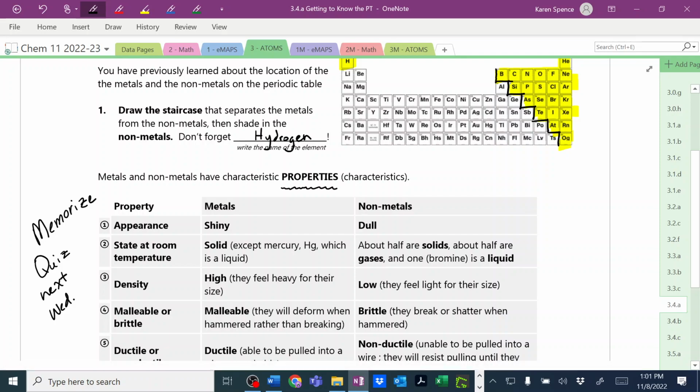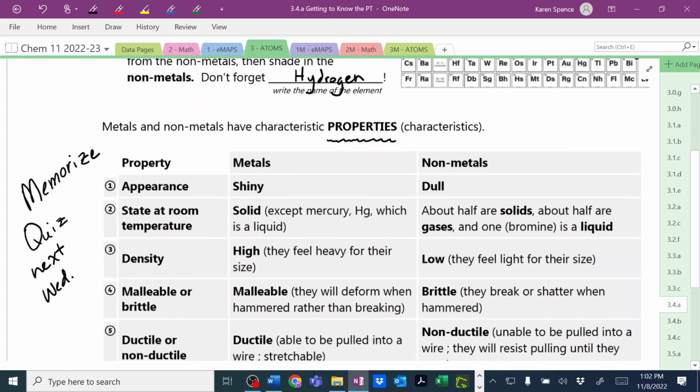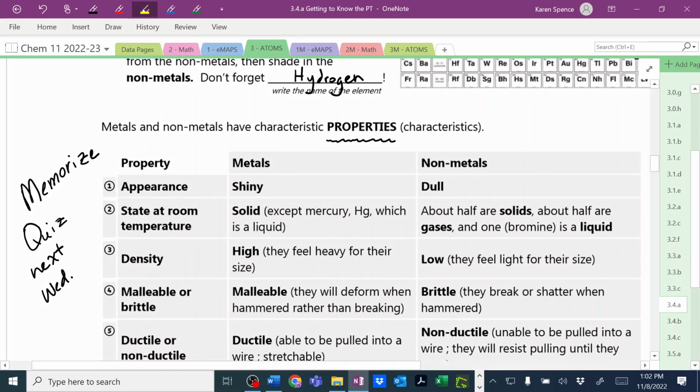Now, metals and nonmetals, you actually don't have to think too hard. Some of them are pretty straightforward. If you look at most metals, what do they look like? They look shiny. Aluminum's metal, yep.